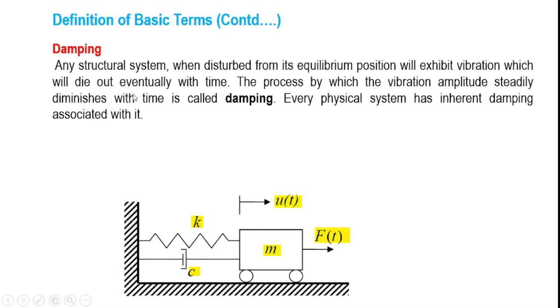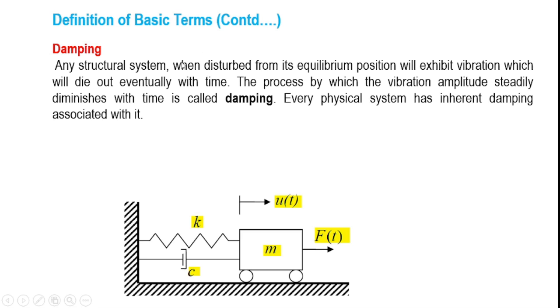Now is the damping. So the term damping, I will tell you, is the most vague term in structural dynamics. And you need to have a concept, a very good physical understanding of the term damping.